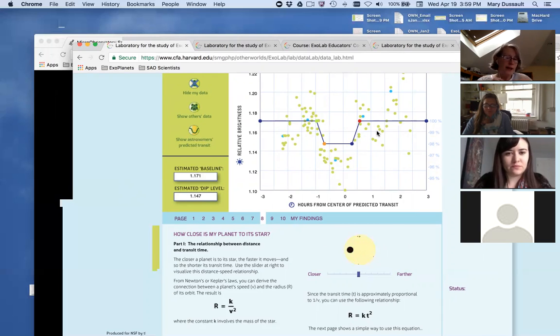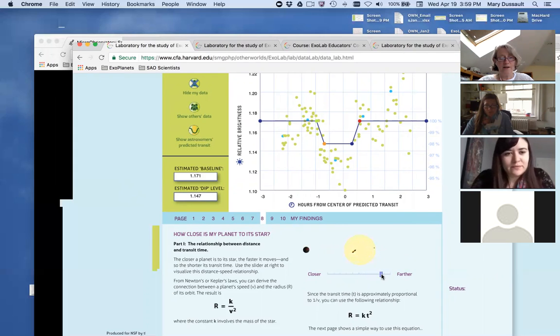And so we really only have a partial indicator of that by understanding the duration of the planet going across the disk of a star. If we assume the star is the size of the sun, then we could make some assumptions about what an hour and a half means for a planet to go across something that's 100 times the size of the Earth.